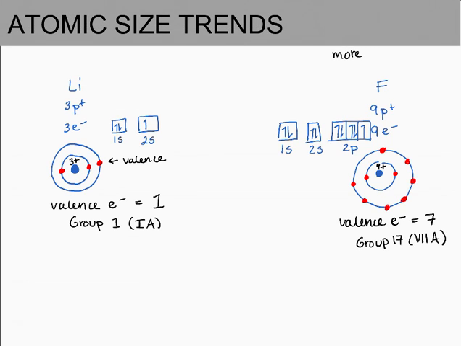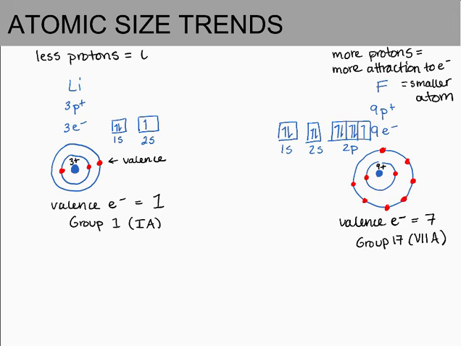So we can write here more protons equals more attraction to electrons. So that's going to equal a smaller atom. Whereas for lithium, we have less protons, which means less attraction to electrons, and that equals a larger atom.